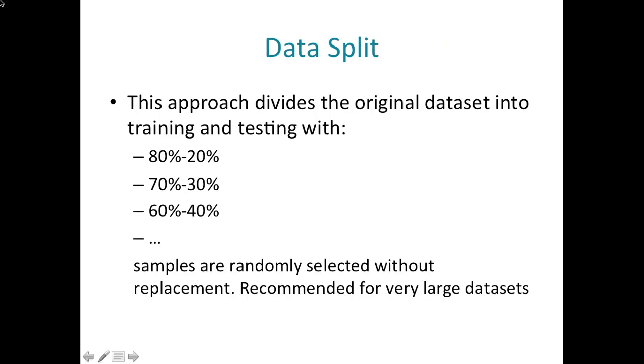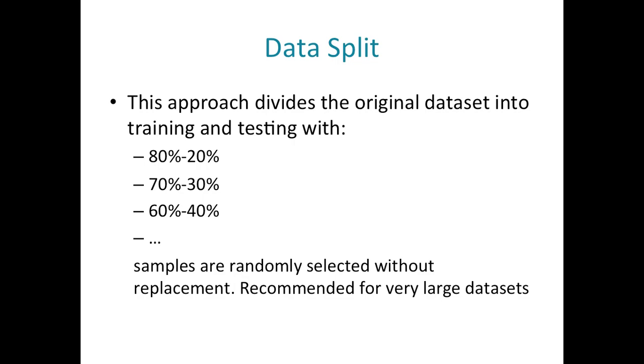If we repeat this random split multiple times, we have different settings where we have different samples for training and for testing. The last non-exhaustive cross-validation method that we are going to see today is data split, and it's probably the one that you are most familiar with because we have already been using it in many examples throughout this course.